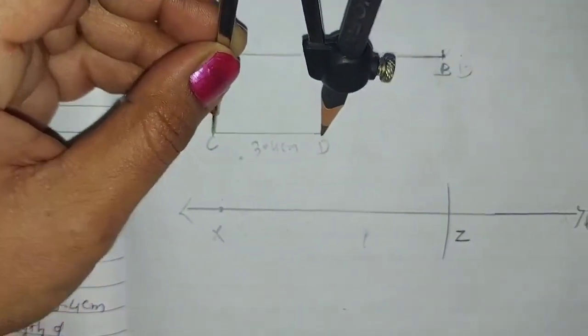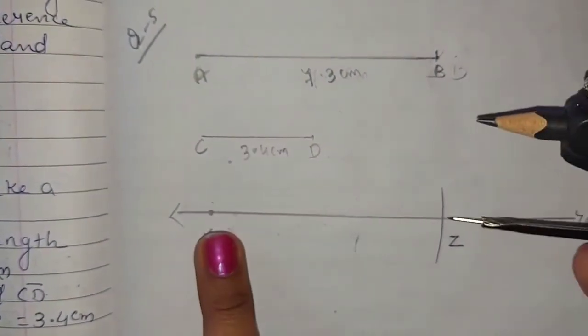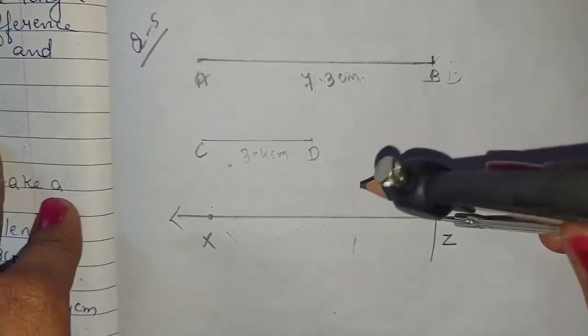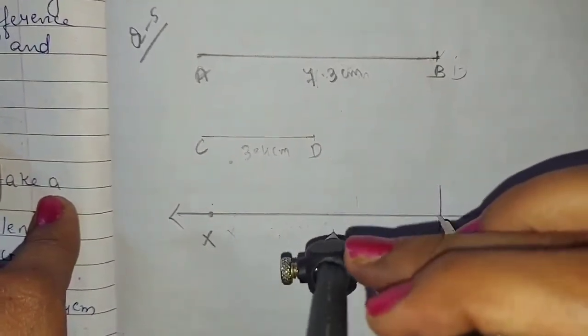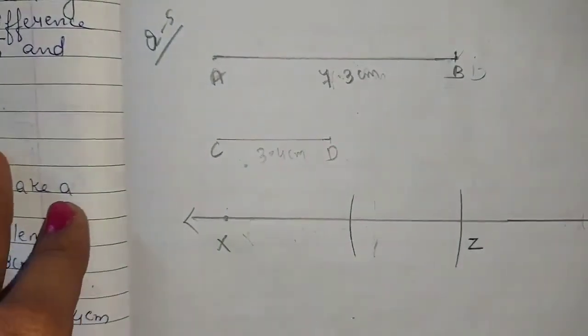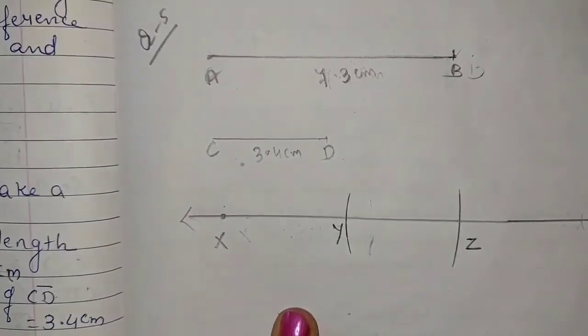Now we have to cut ZY. We will go to the left side from Z, as here our X is, since we have to find XY. So we will cut this ZY from the left side, and this ZY is equal to CD. So here we will label the name, that is XY.